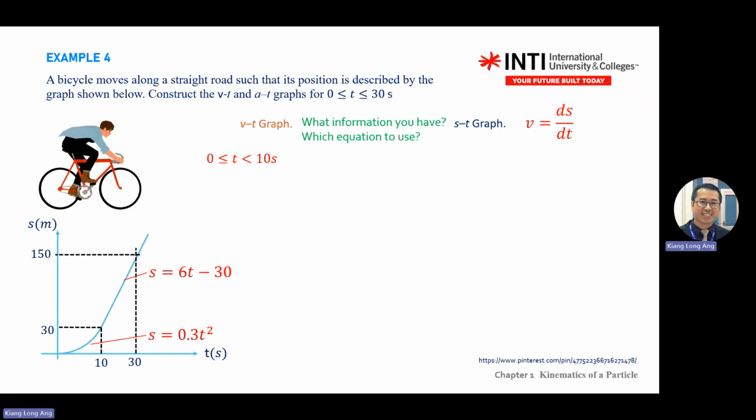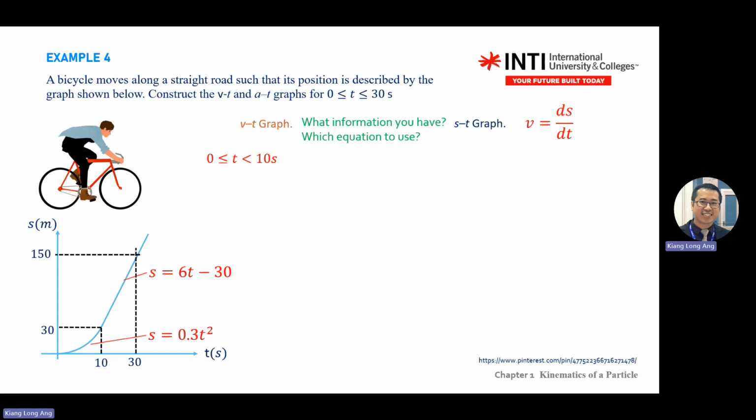Okay, 0 to 10. So 0 to 10, you have one equation on the graph, which is s equal to 0.3 t squared. How do you link s equal to 0.3 t squared to help you build the v? You differentiate this one, right? So you differentiate ds/dt, what do you get?